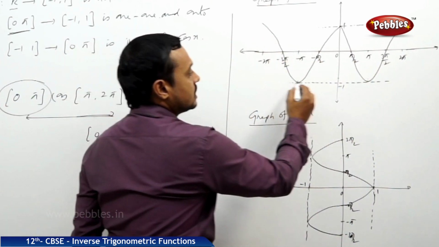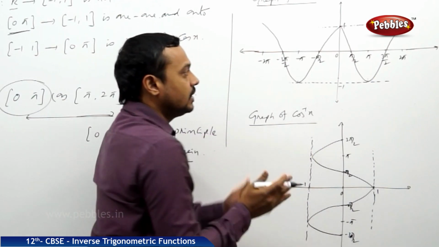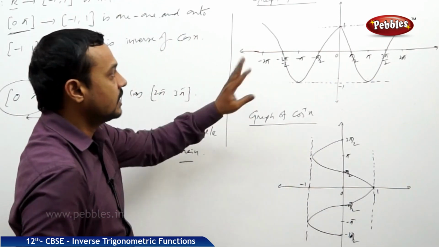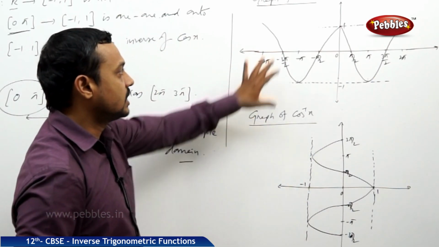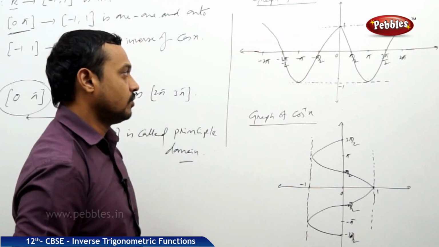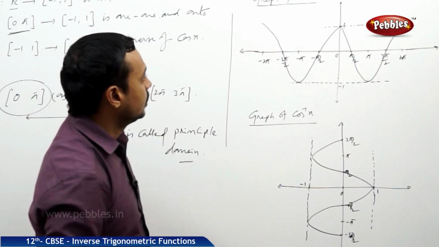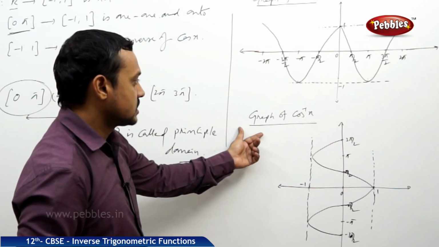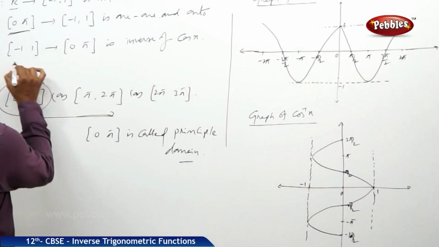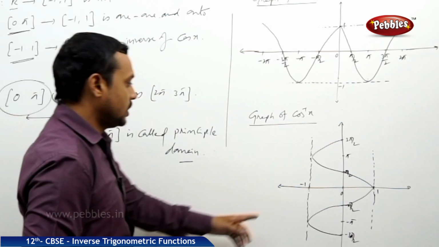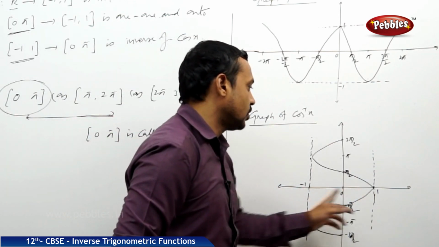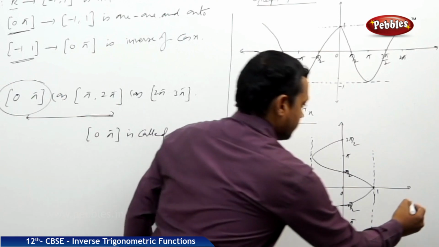Again cos x lies between the two values minus 1 and 1, so the range of this function is minus 1 to 1, because the entire graph lies between minus 1 to 1. Now for cos inverse x, the domain is minus 1 to 1, so consider the interval minus 1 to 1 on the x axis.